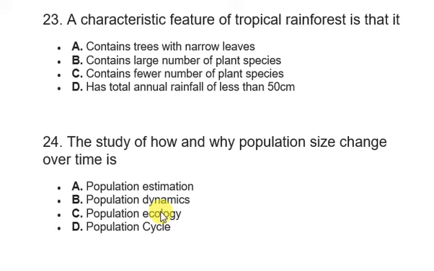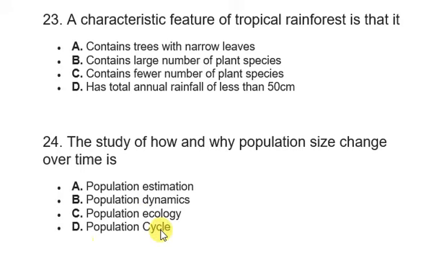You can see the difference. In population dynamics, we study how and why, but not the factors. We understand that there are some factors, but we are not studying them. In ecology, we study those factors to know how they do that in particular.